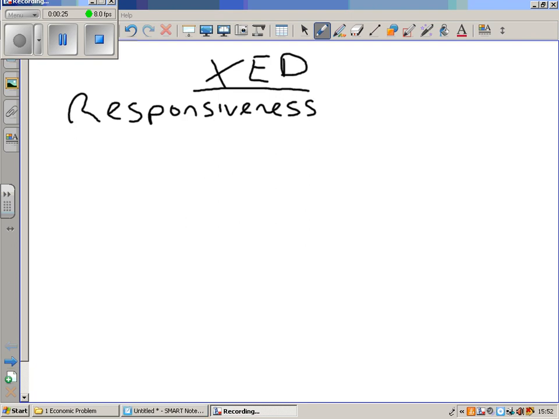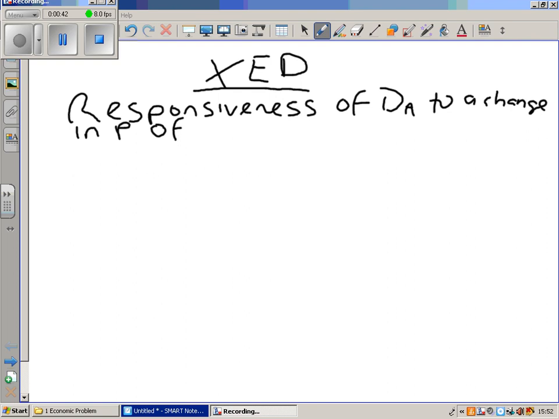But for this elasticity, it's the responsiveness of demand for one product, so product A for example, to a change in price of product B. So in other words, how much demand changes for one product as the price of another product changes.